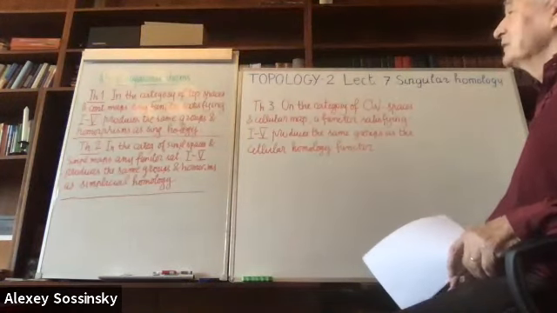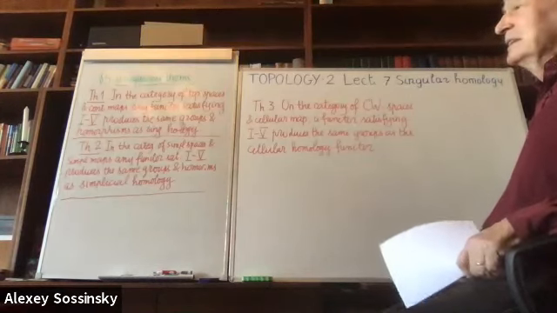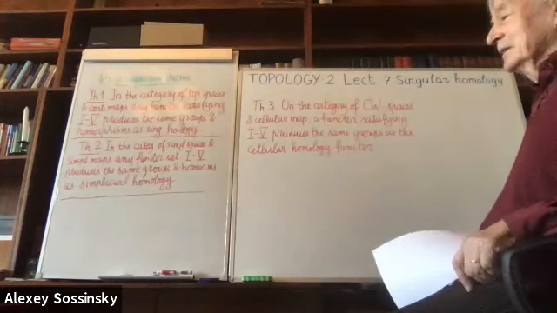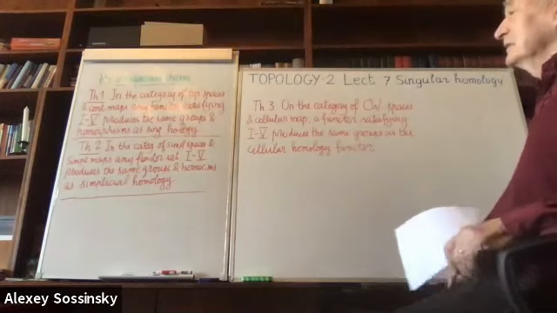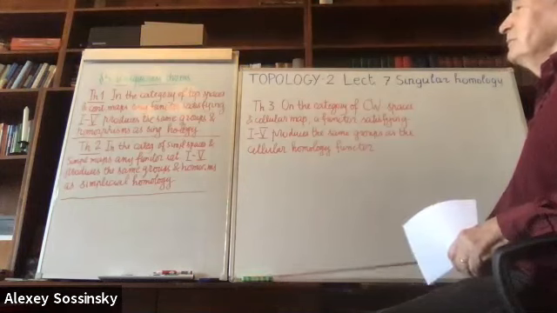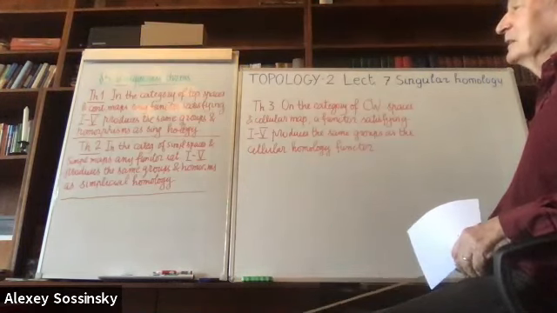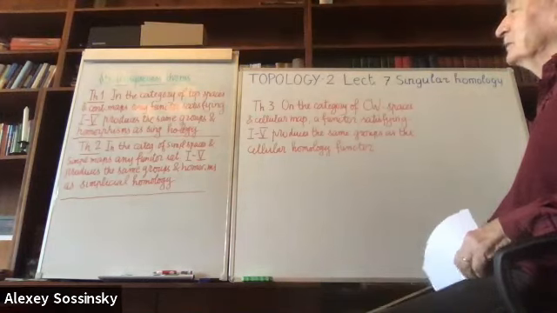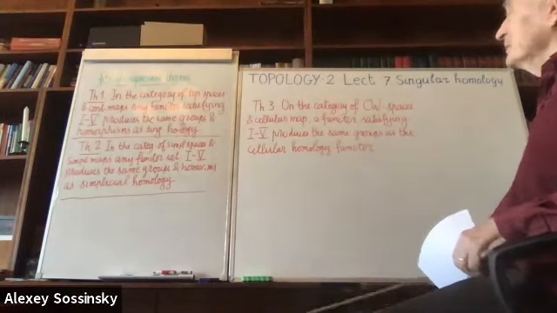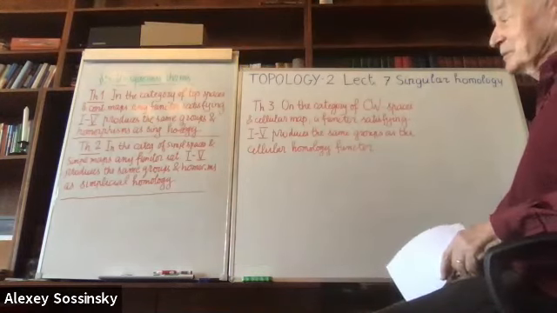So the three theories are the same. They only differ in that the category on which they are defined is different. But if one of them is defined on a subcategory of the other, then the two of them have the same homology groups and induced homomorphisms.